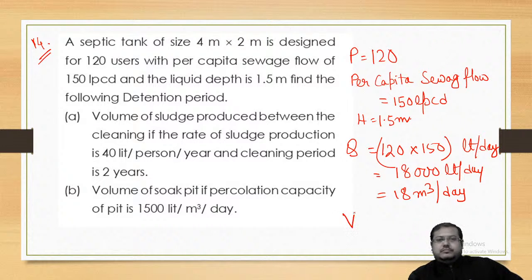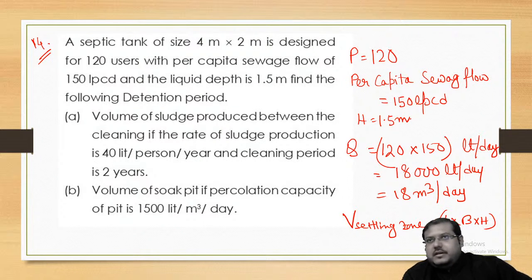Now volume of settling zone is equal to L into B into H, because L, B and H are provided for the sedimentation tank. So L is 4 meter into 2 meter into 1.5 meter, 4 into 2 into 1.5 meter cube.